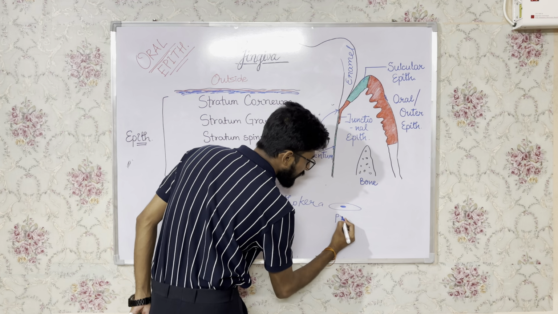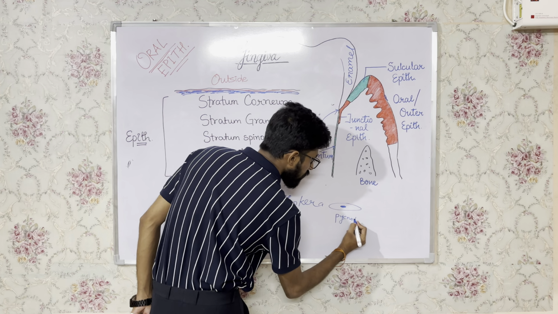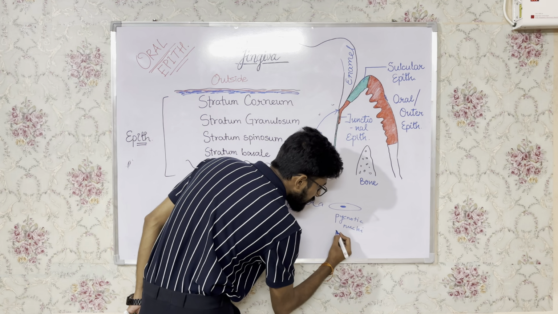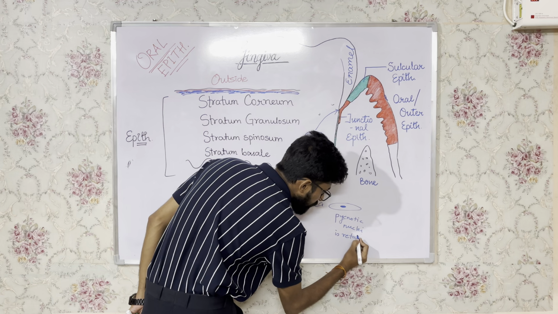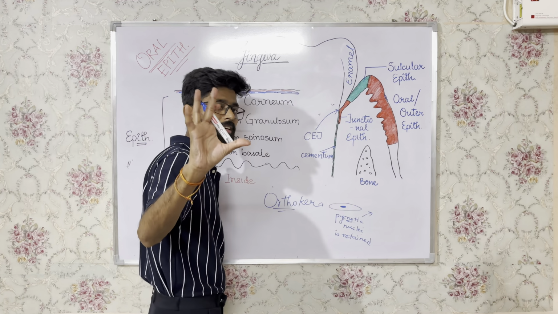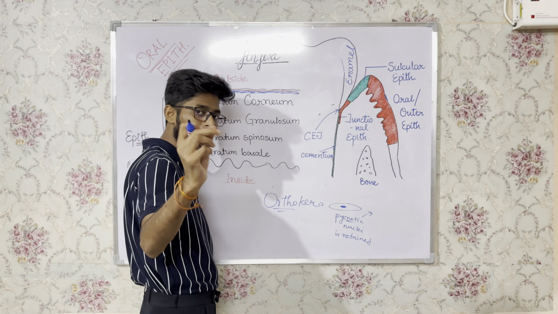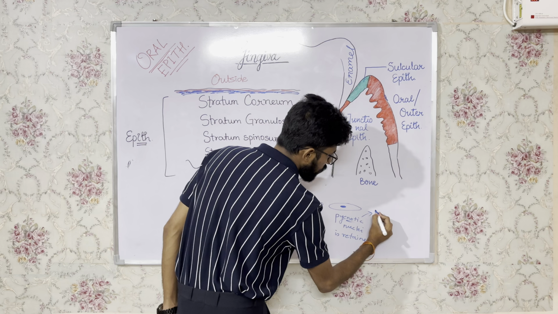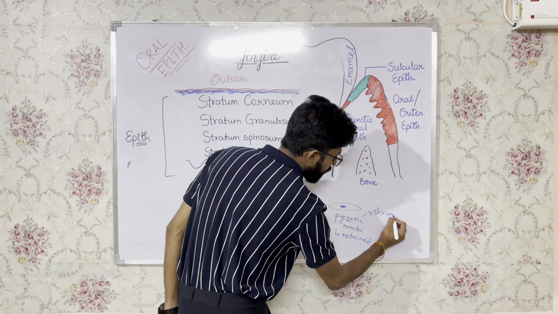pycnotic nuclei. Pycnotic nuclei is retained. Pycnotic means the nuclei is shrunken, like a raisin. Okay, so pycnotic means shrunken.